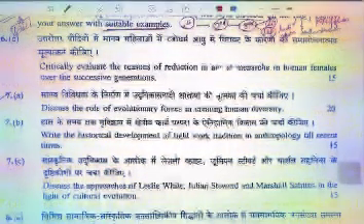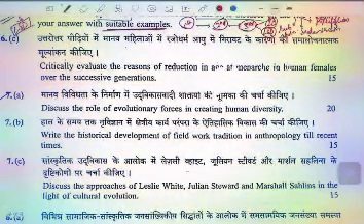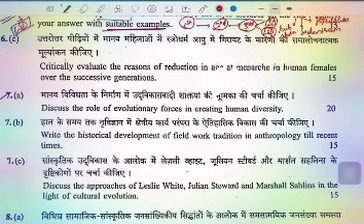Now, moving on to the next question: critically evaluate the reasons of reduction with respect to the age at menarche in human females over successive generations. And when you talk about this question, it is asking about the concept of menarche.